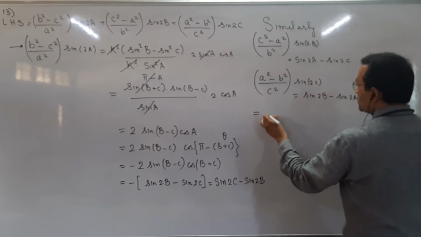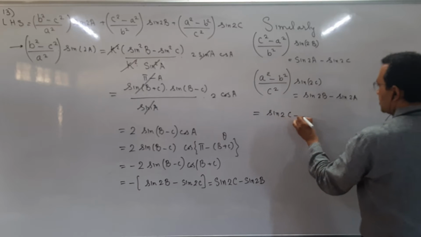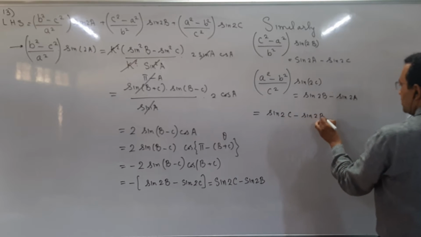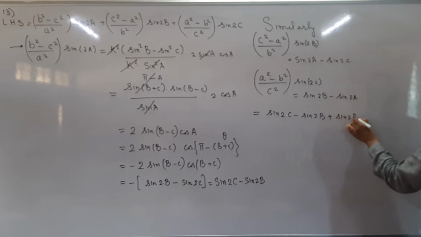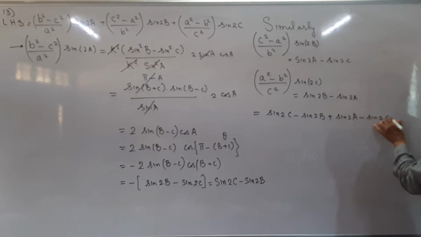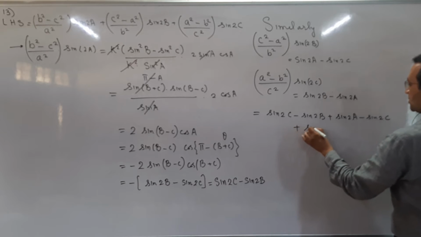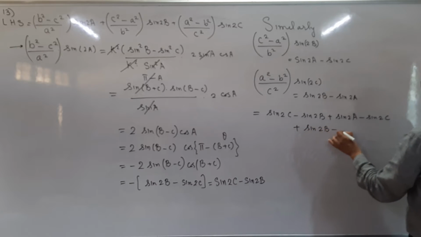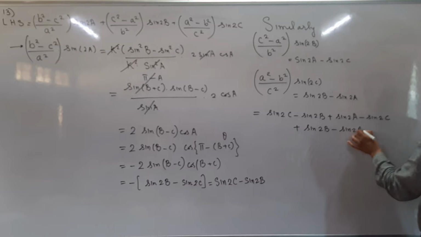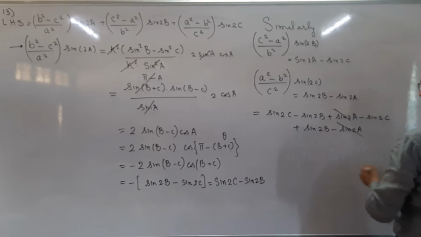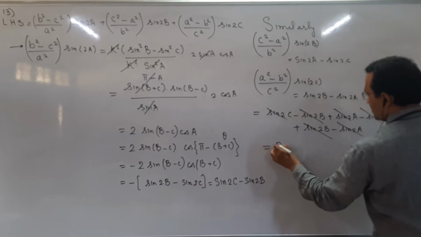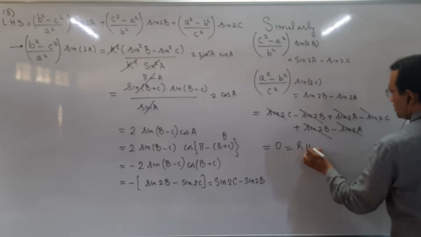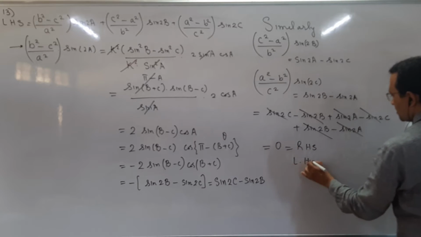Continuing with the LHS, sine 2C minus sine 2B plus sine 2A minus sine 2C plus sine 2B minus sine 2A. Sine 2A minus sine 2A, 2 gets cancelled, so LHS is zero.